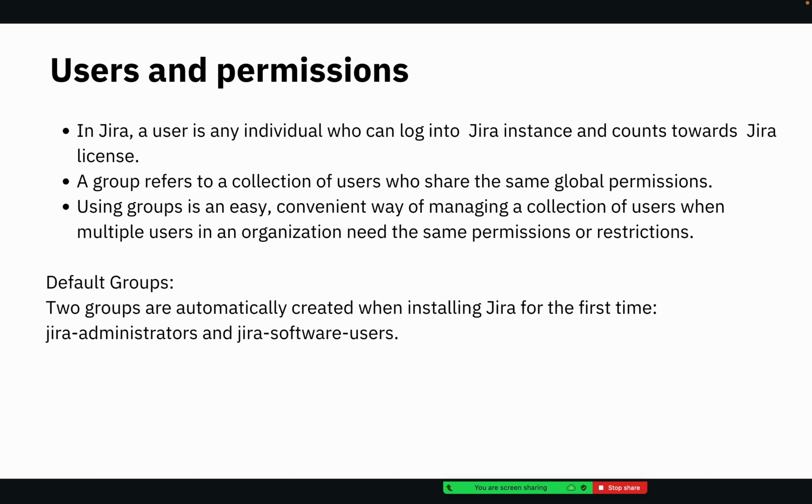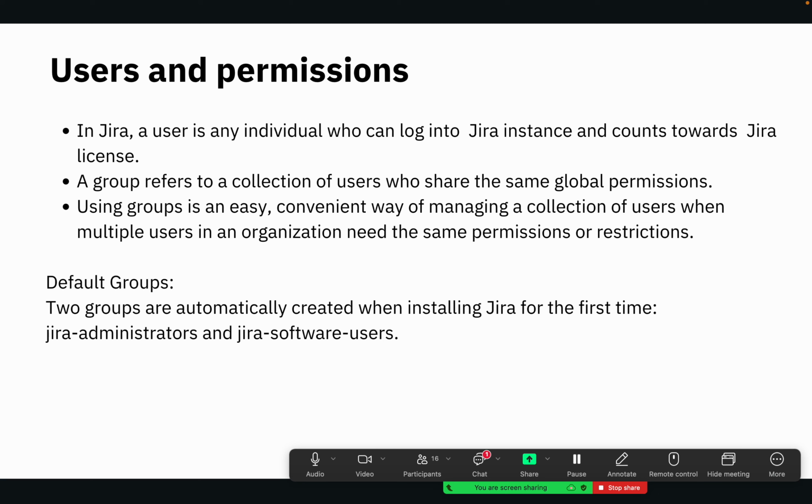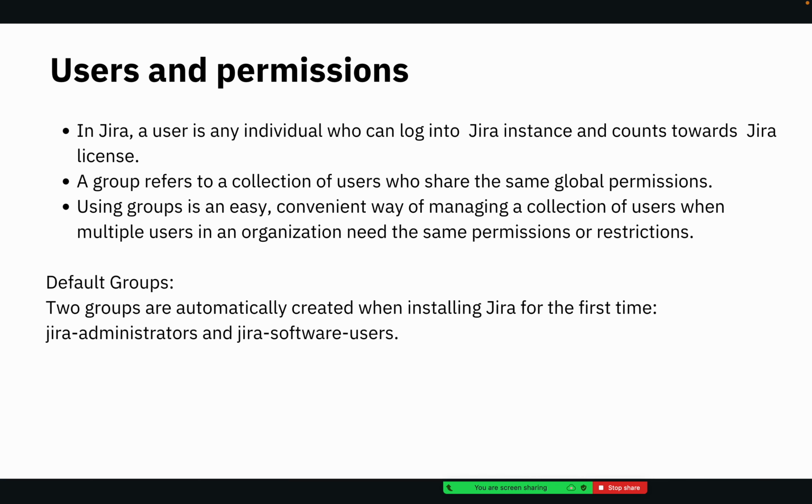Then there is a group, which is a collection of users. If I give some permission to that group, it means all the permissions assigned to the group will be applicable to all the members in that group. Using a group is an easy, convenient way of managing a collection of users when multiple users in an organization need the same permissions and restrictions.